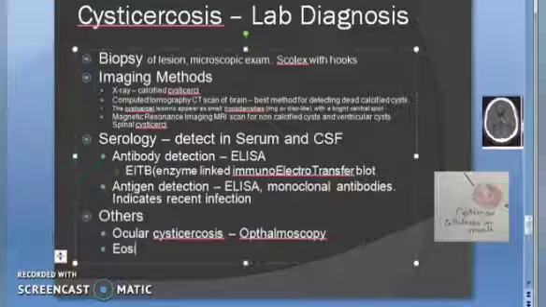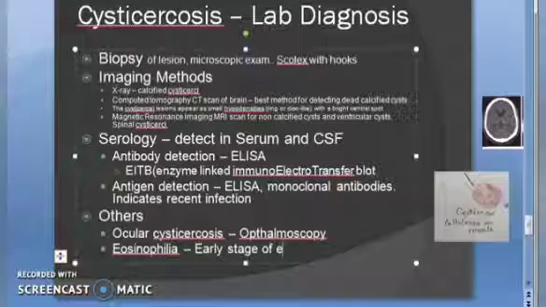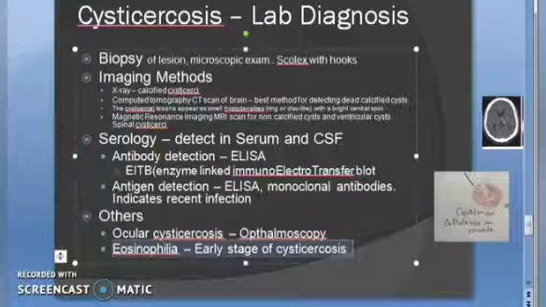Eosinophilia, remember? Eosinophilia can indicate early stage of cysticercosis, and also hookworm infestation usually, right? So, it's not only this, but yes, early stage of cysticercosis. Fine.